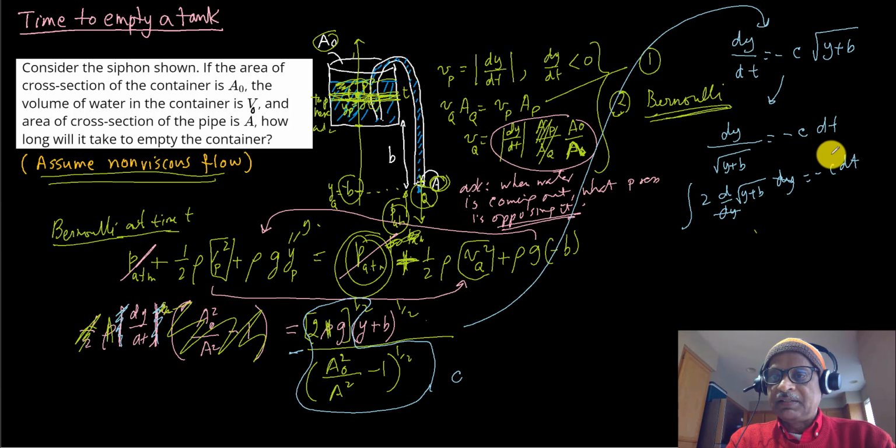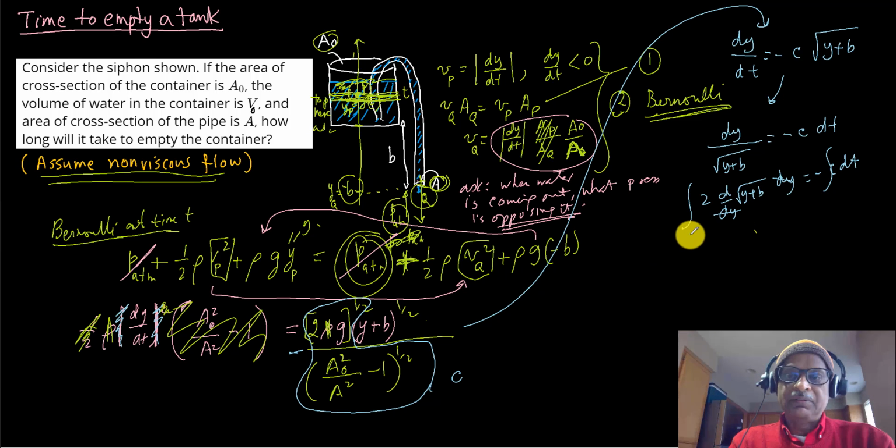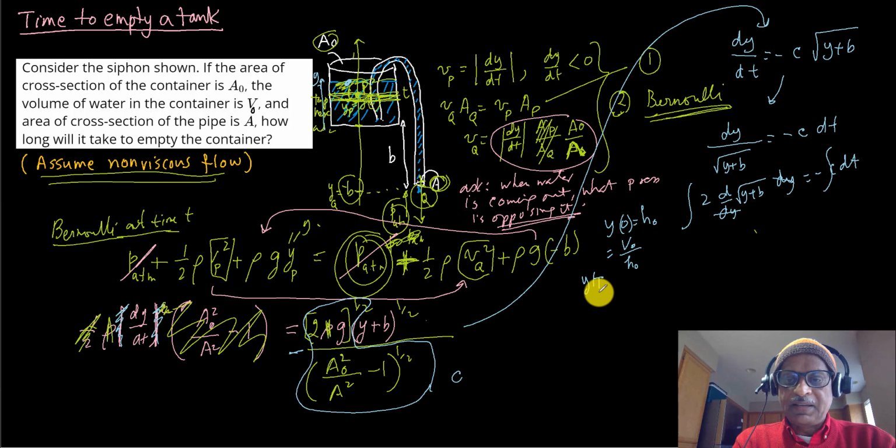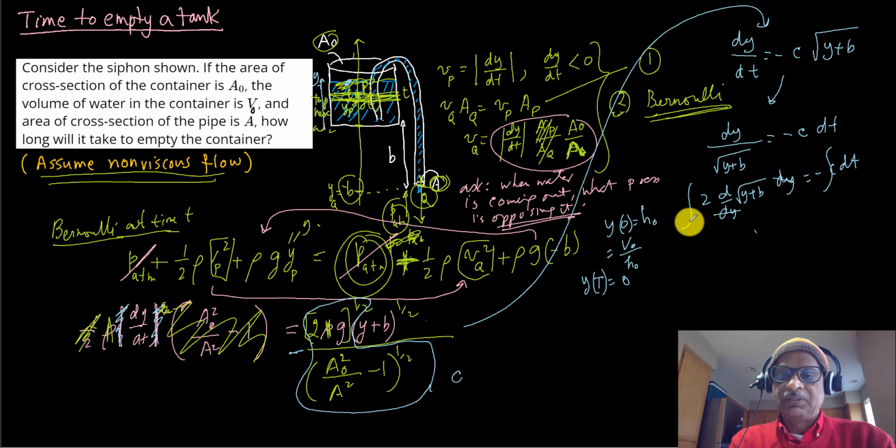And so when I integrate, how much do I integrate? y goes from the original height h0, which is V0 over A0, to approximately 0 at the final time, and t goes from 0 to t.